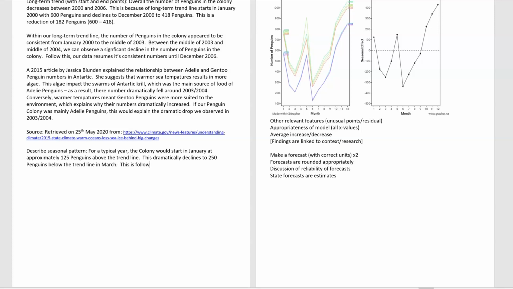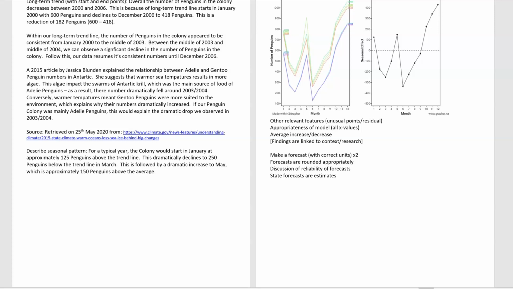This is followed by a dramatic increase to the 5th month, which is May, to approximately 150 penguins above the average.